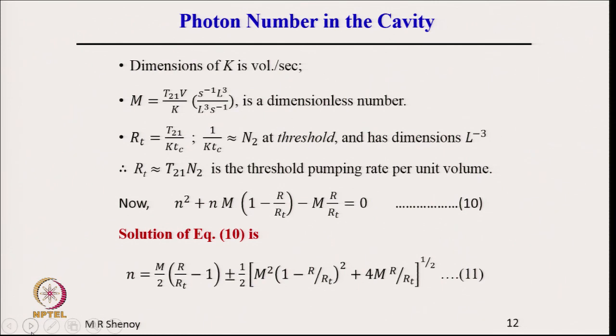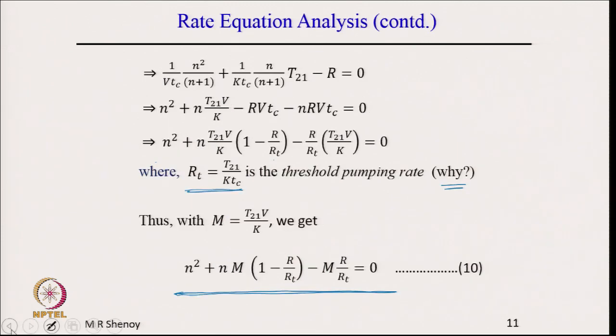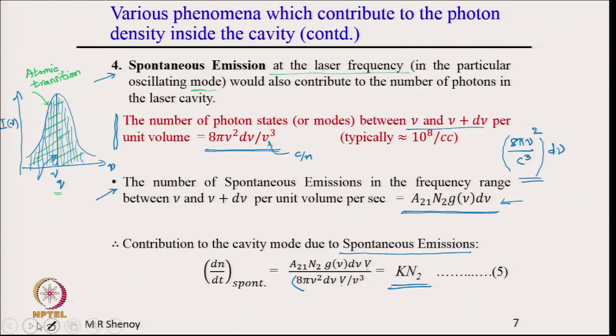Note that the dimension of K is volume per second, because if you look at this, it is K into N2. That is the rate, which is just time inverse: dn by dt, where n is the dimensionless photon number. So, it is second inverse.